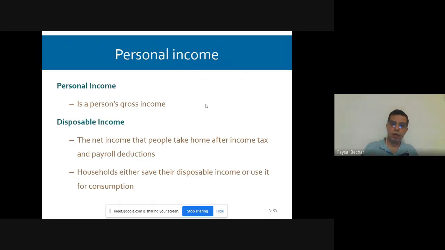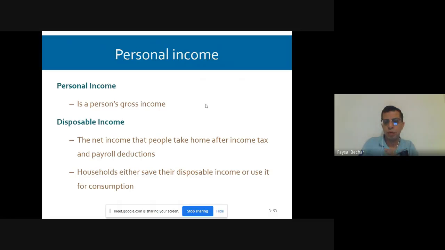So the personal income is a person's gross income, the total income, how much you're making before spending, because this is gross income, before you pay taxes.